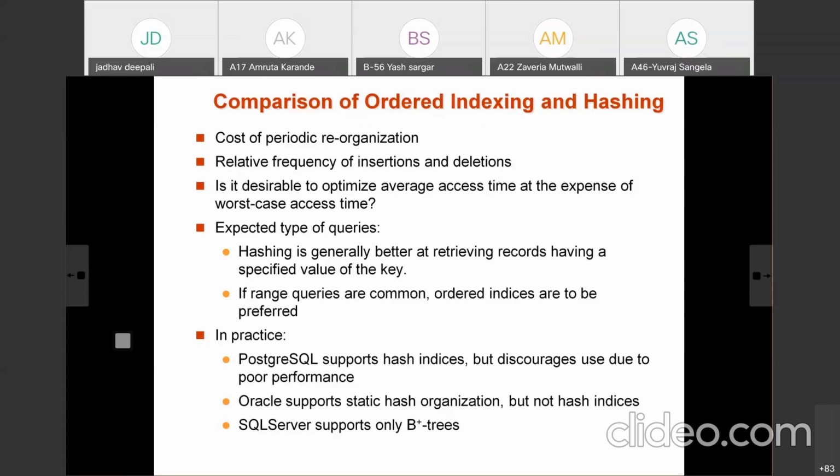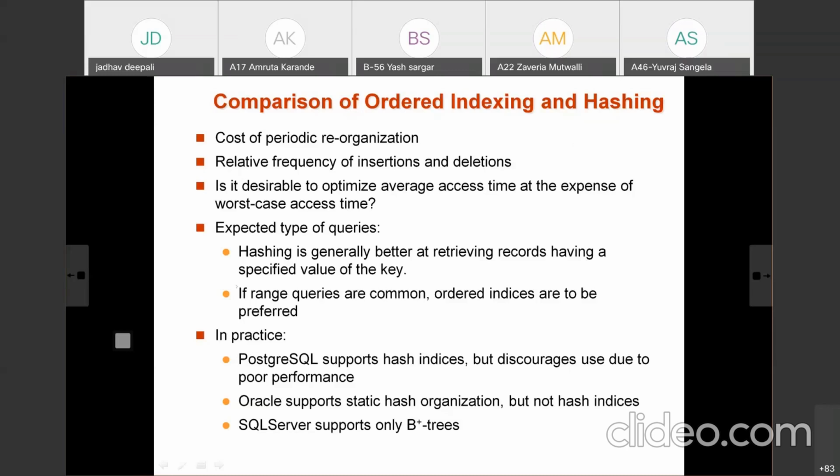So periodic reorganization is required as so many overflow blocks are created. That is one of the disadvantages of ordered indexing. The cost of periodic reorganization is very large, but insertion and deletion are somewhat simpler in indexing than in hashing.